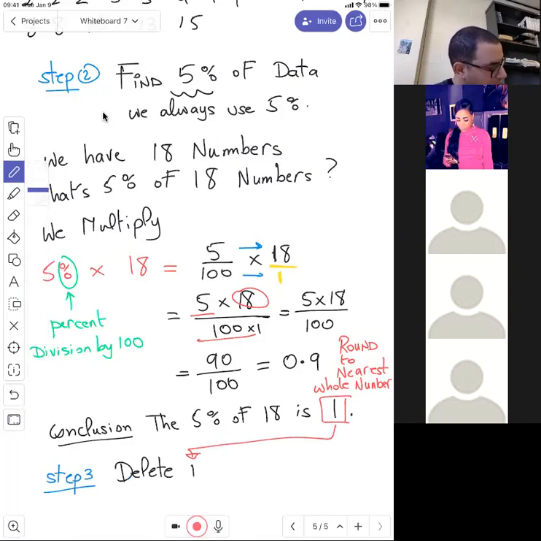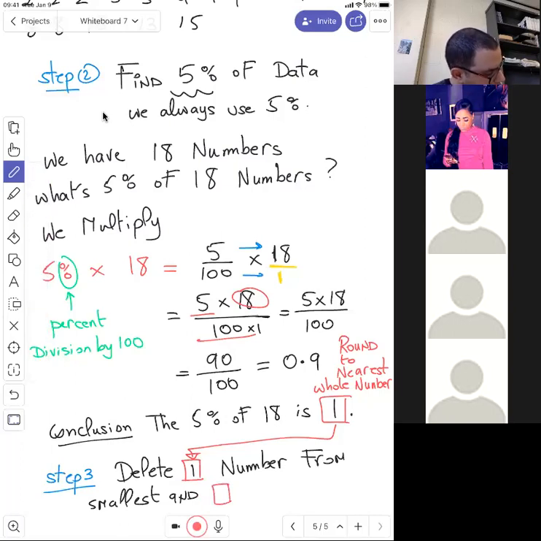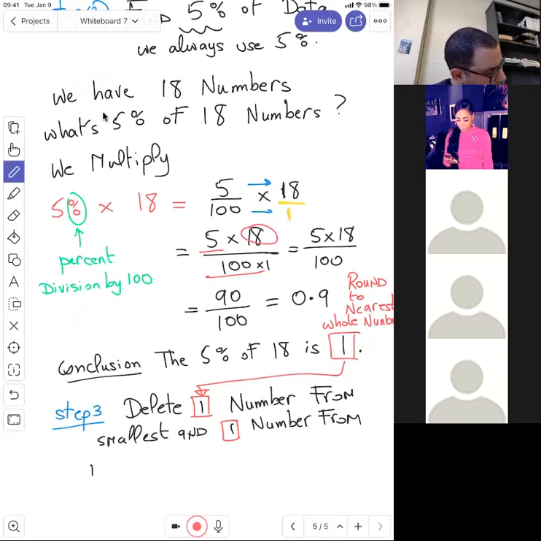We need to delete one number from the top and one number from the bottom: one number from the smallest data values, and one number from the largest data values.